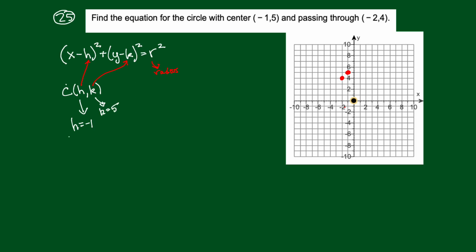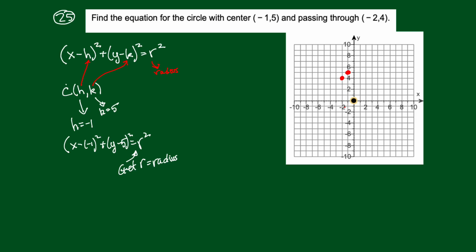So far, here's what we've got: x minus -1 squared plus y minus k, but k is 5, squared equals r squared. So what we need to do is get r. Now r is the radius, and the radius is going to be the distance from the center of the circle out to the edge of the circle.